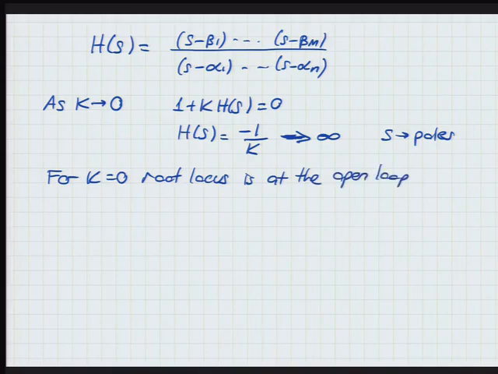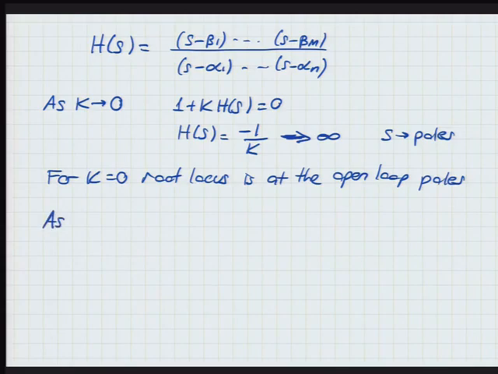And that's what we observed anyway, right? In both of our examples, for k equal to 0, we started at the open loop poles, and then we started turning k, and things started moving from there. So that's the first principle: k equal to 0 should recover the open loop poles.